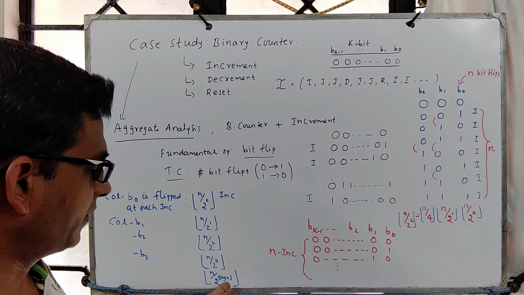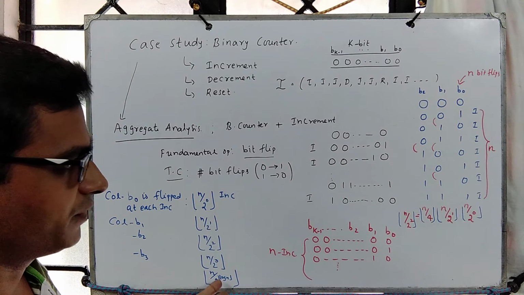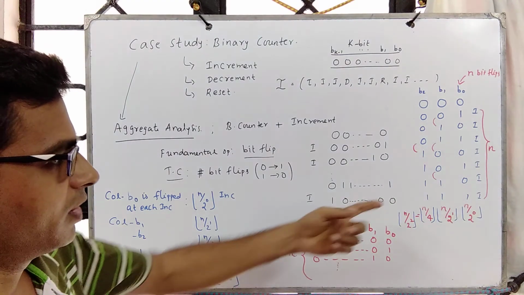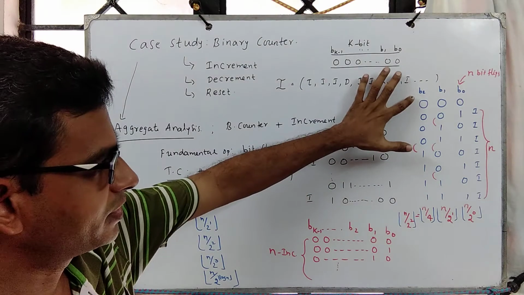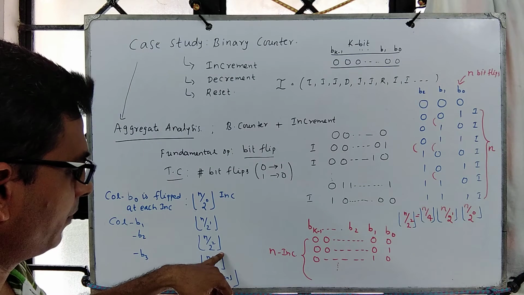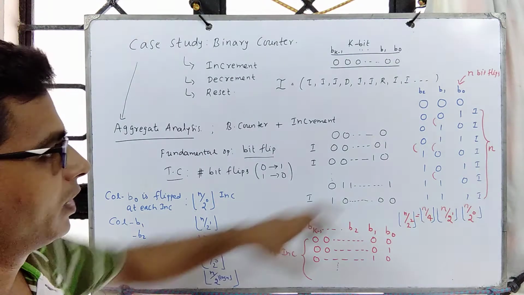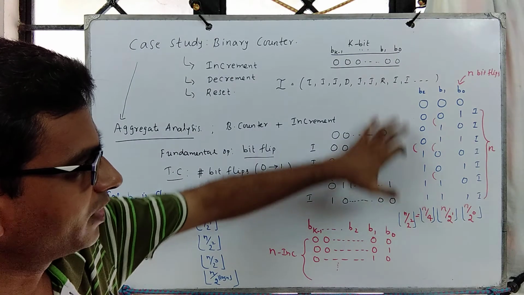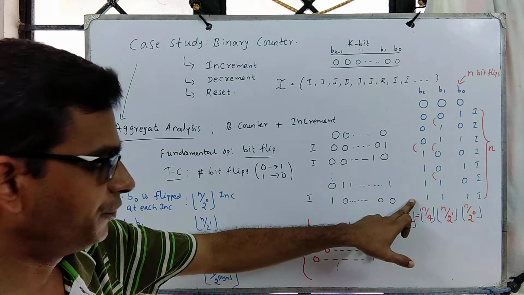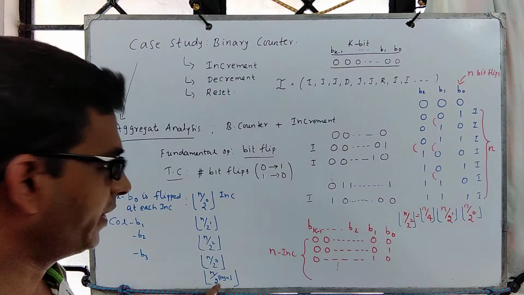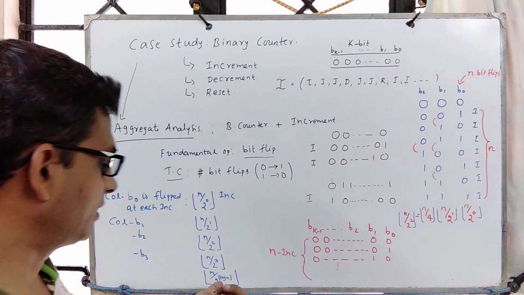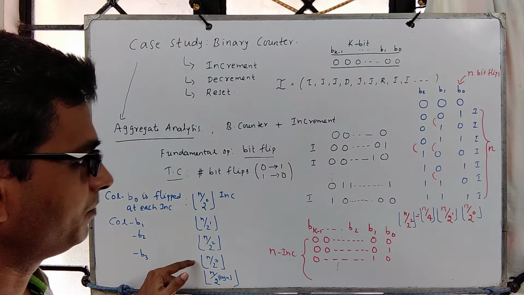So log 7 base 2, floor of that is something we are taking, and floor of that is 2. Which means you get n by 2 power 0, n by 2 power 1, n by 2 square. And suppose if you have one more column, that would be B3, and you can go all the way up to 15. So log 15 base 2 is 3, floor of that. So floor of that is 3, so you will go up to this.